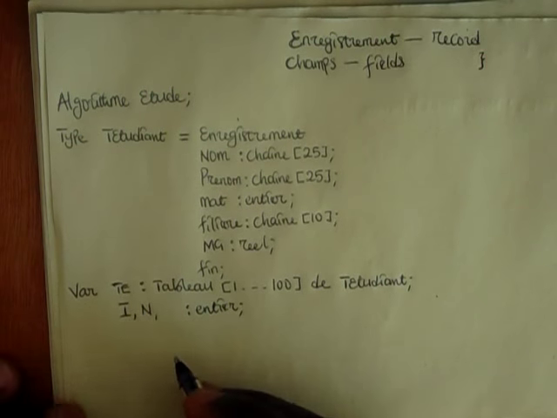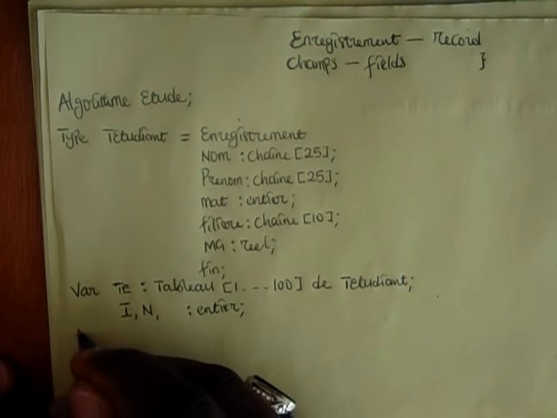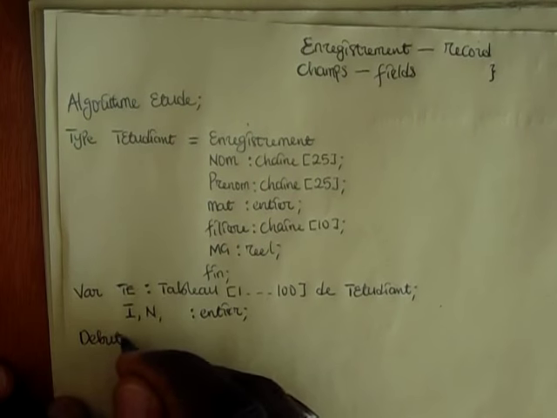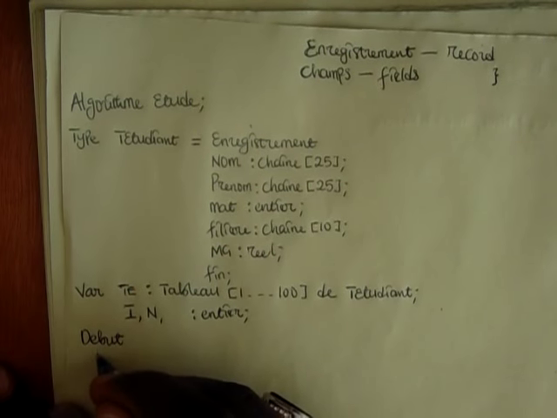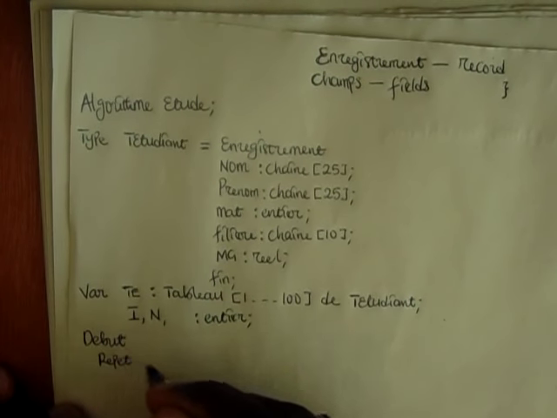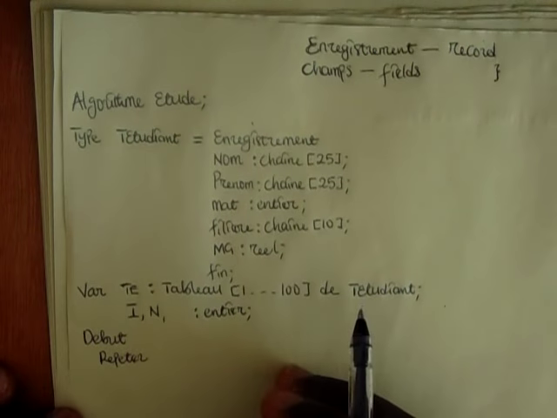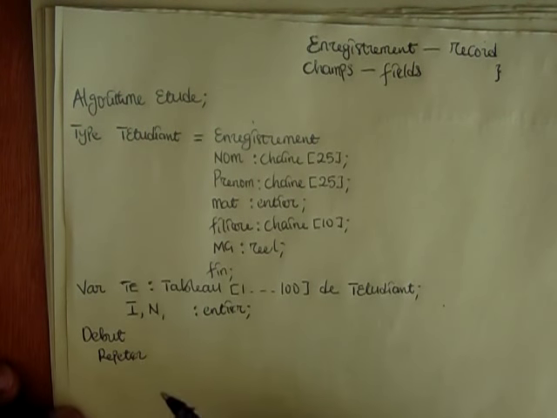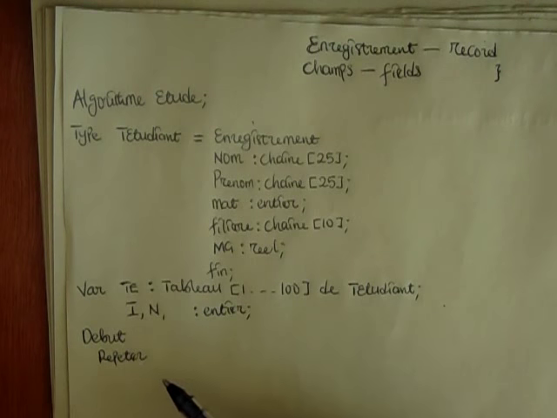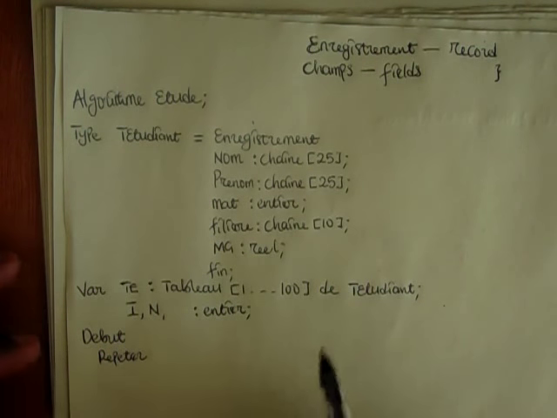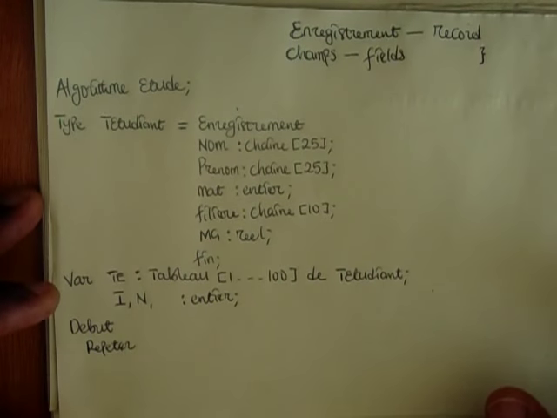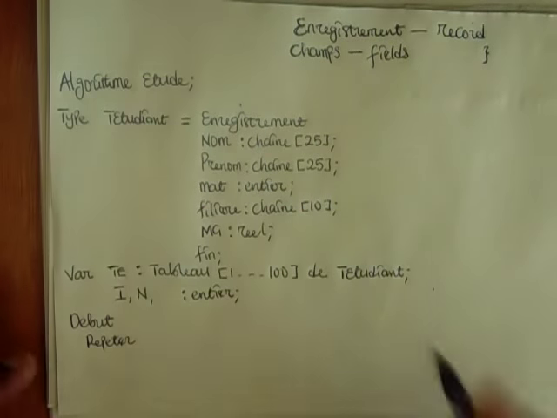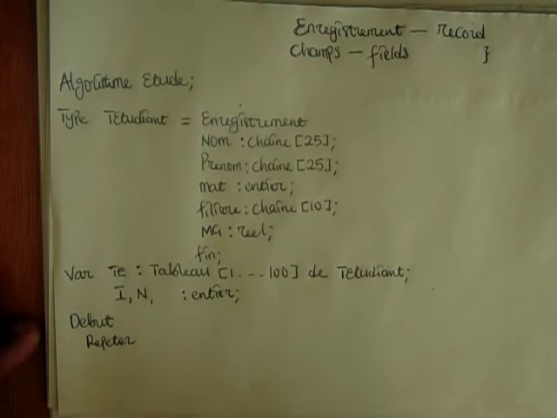So we begin. Début to start. Répéter. The function of répéter here is to go through each item. After it handles one, it goes on up to the last one the user chose. So it's just to facilitate it running each time, and we are not checking one by one.